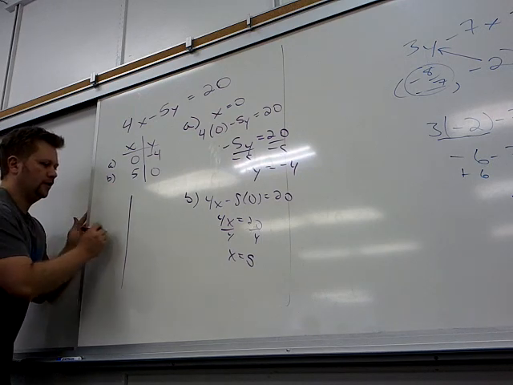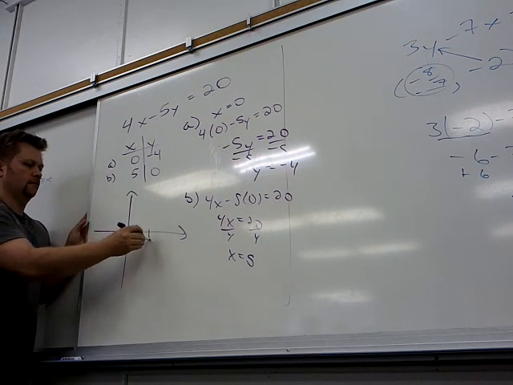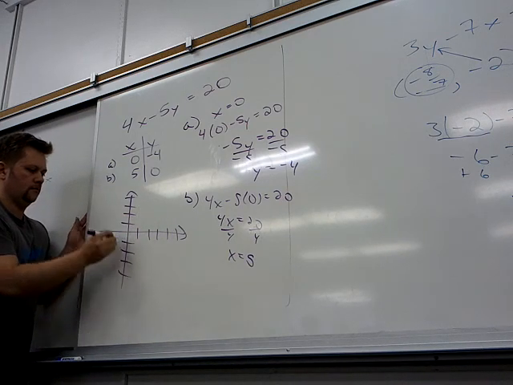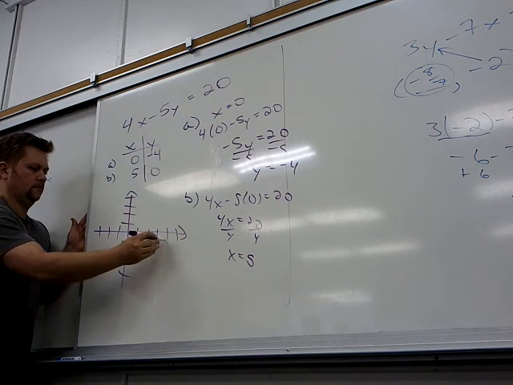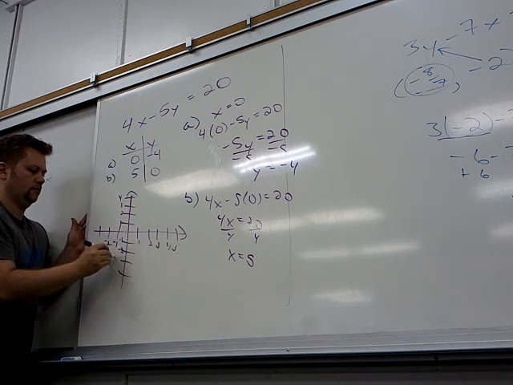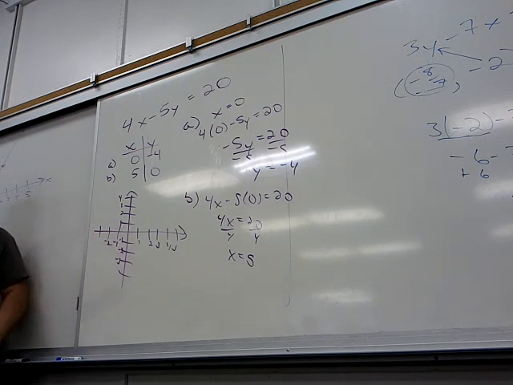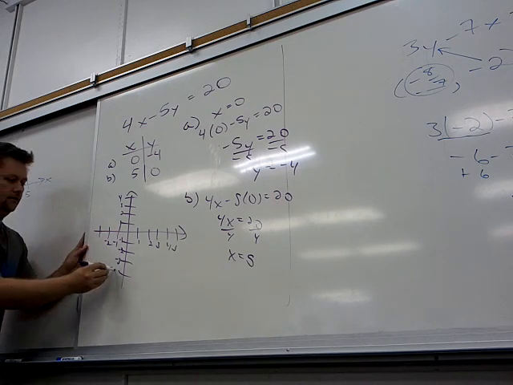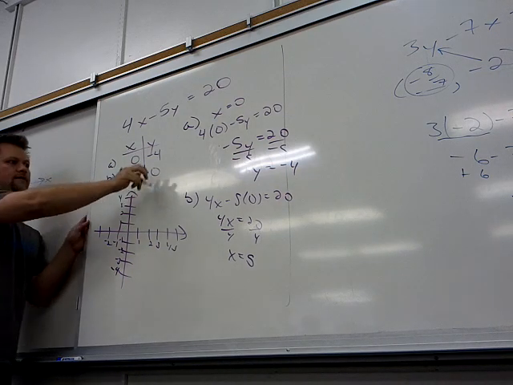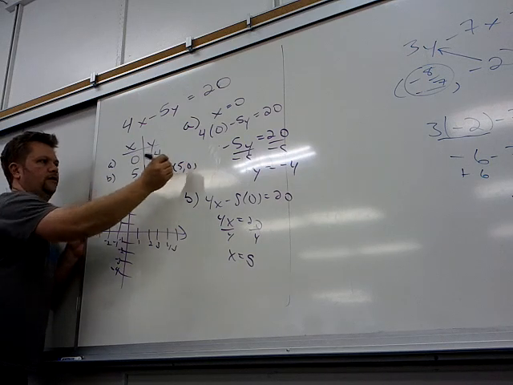When I go to graph these, where are they? Holy crap, that's really powerful. Yes, good. So 5, 0. That's that point there, right? 5, 0.